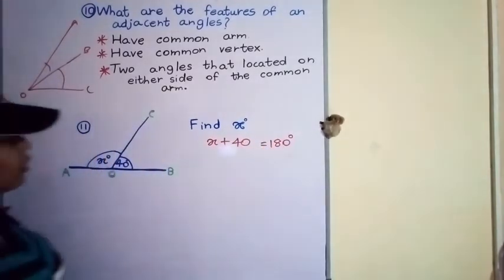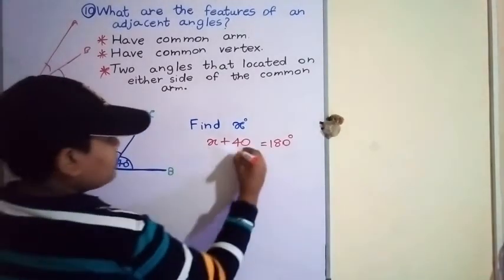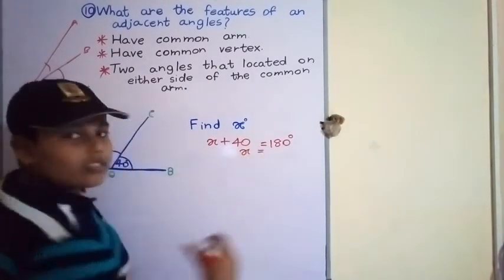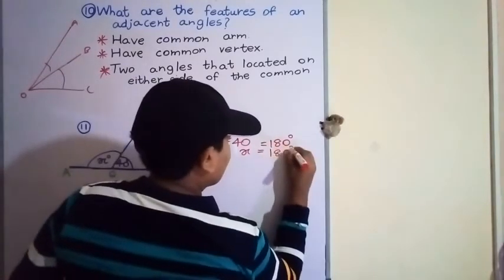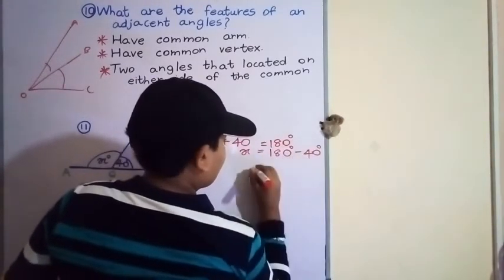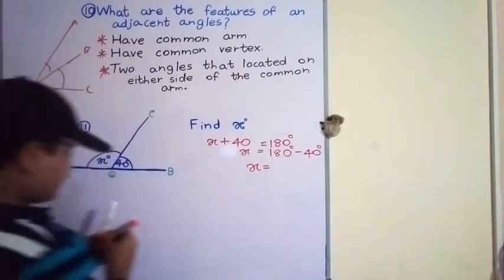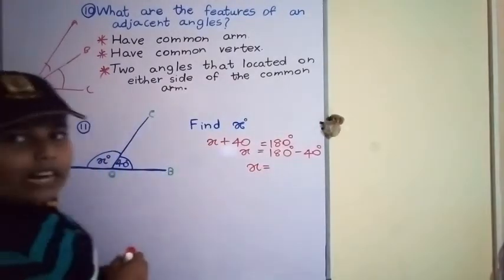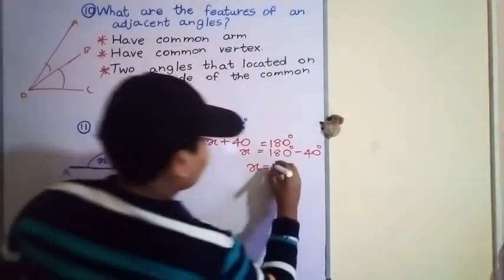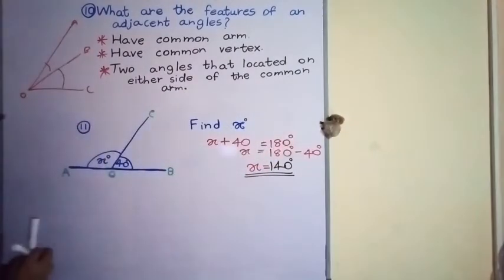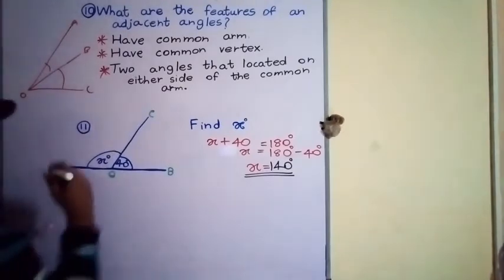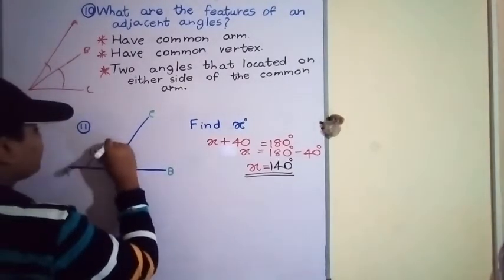To get X you subtract 40 from 180 degrees. X is 180 degrees minus 40, which is 140 degrees. So X means 140.